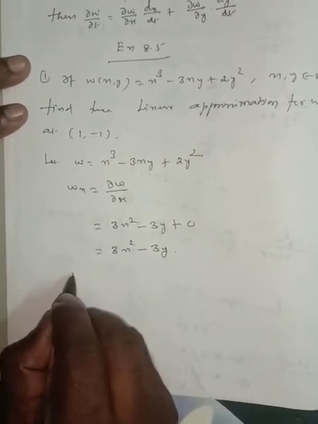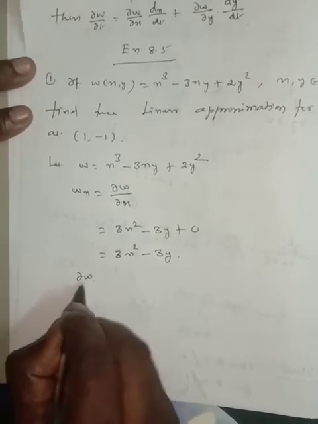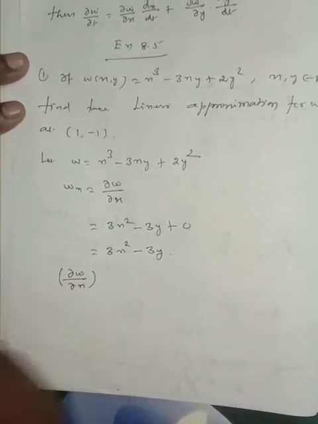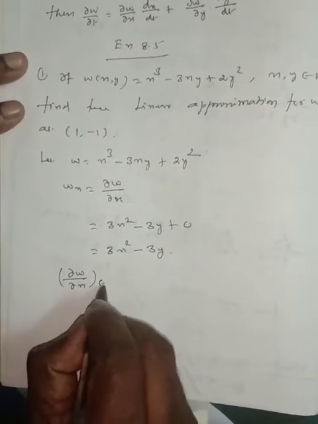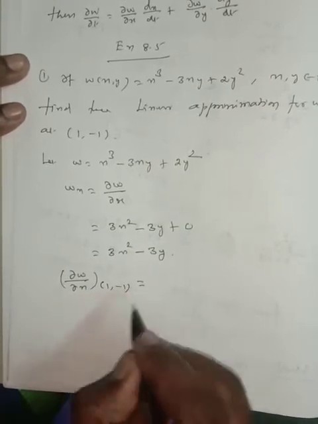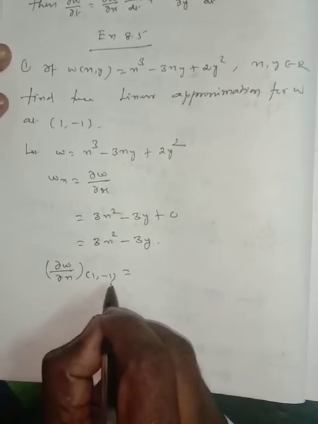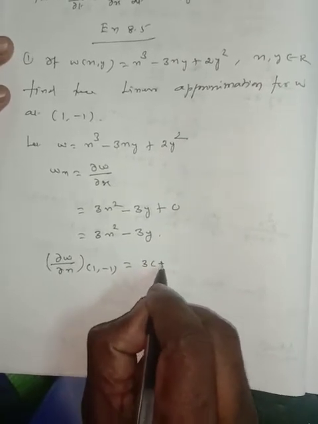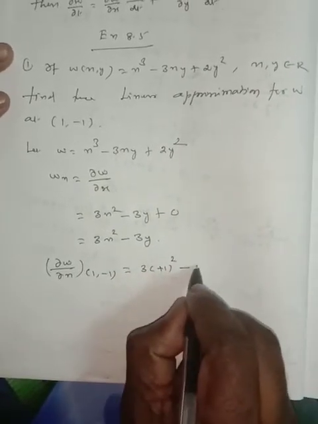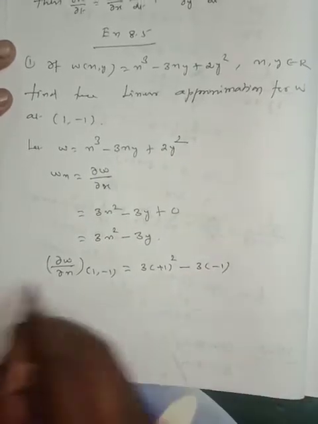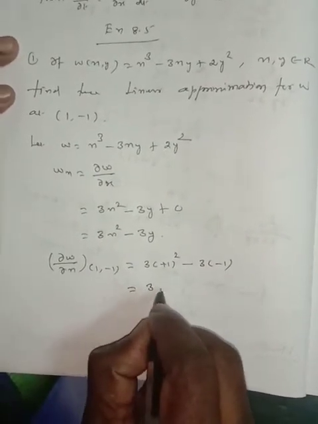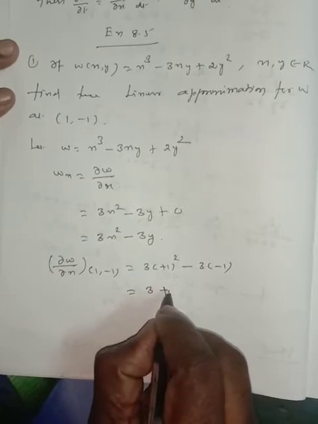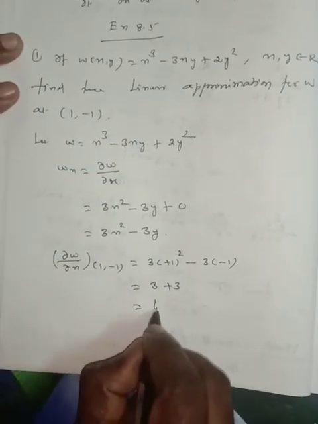Now dou w by dou x at the given point 1 comma minus 1. Apply x is equal to 1, y is equal to minus 1: 3 into positive 1 whole square minus 3 into minus 1 is equal to 3 plus 3 is equal to 6.